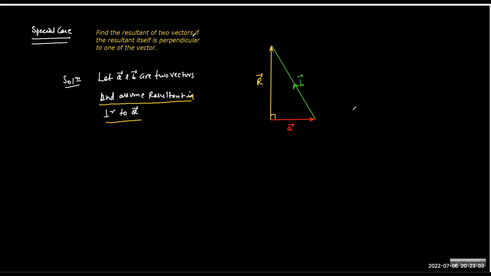Do you realize this? By looking at this diagram, can you tell me something interesting? The resultant is perpendicular to which vector, the smaller or the bigger? The smaller, always. If the resultant is perpendicular, it must be perpendicular to the smaller vector. It cannot be perpendicular to the bigger vector.